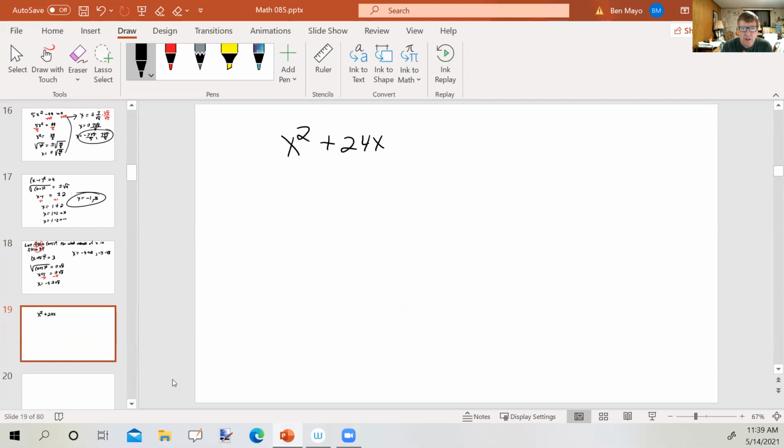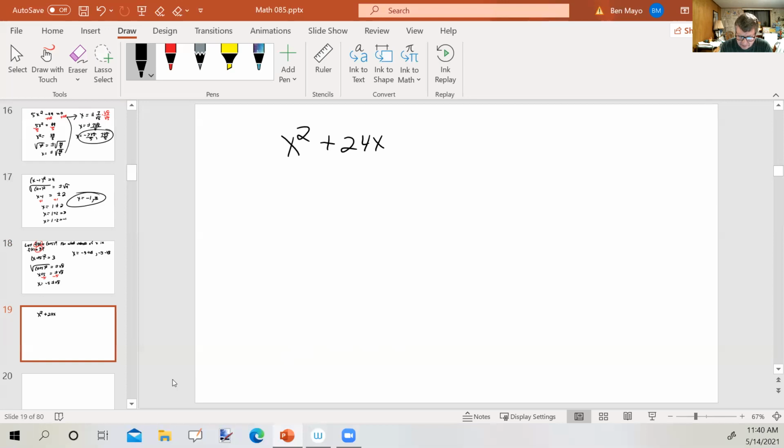All right, if we have the variable squared and it has a leading coefficient of 1, which is what we have here, followed by what we call the linear term, the first degree term, 24x.